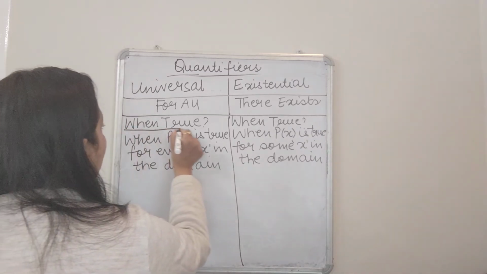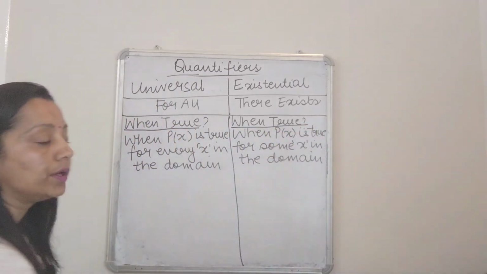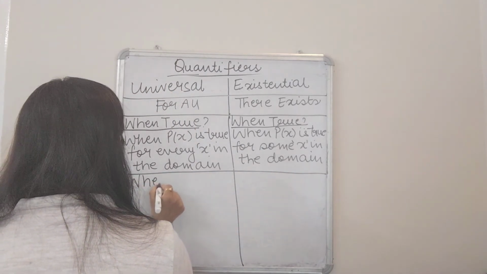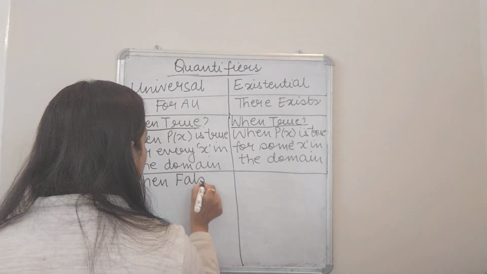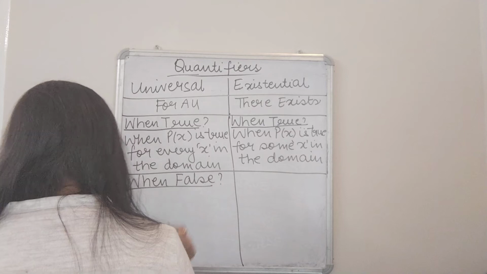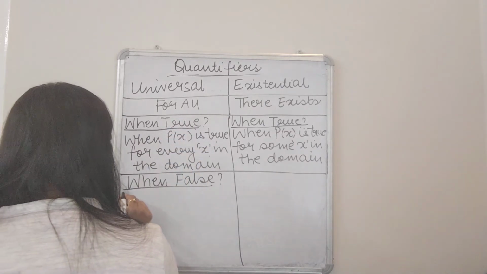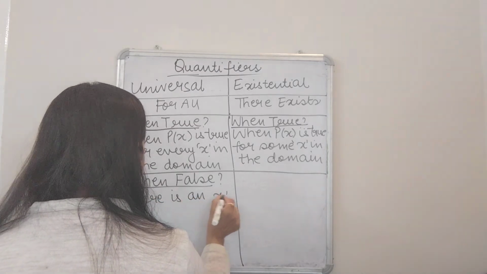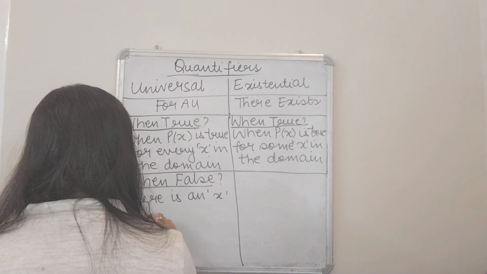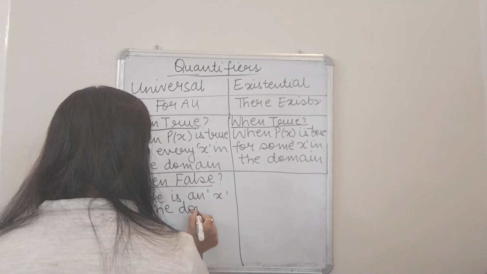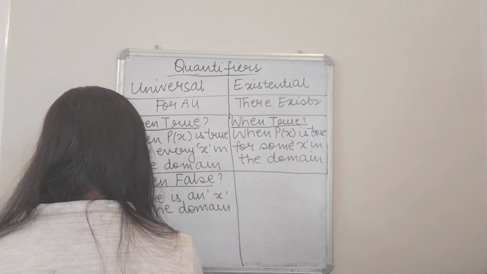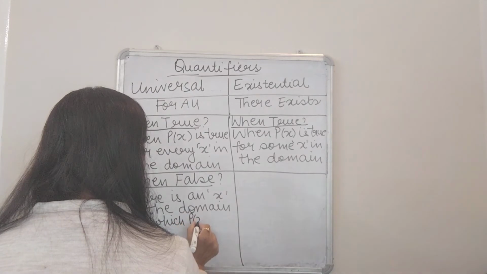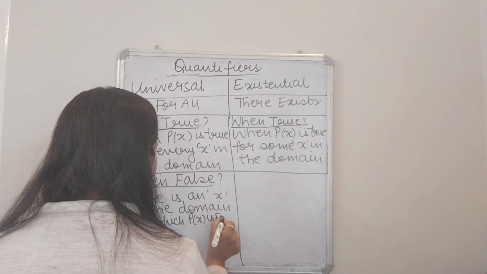Okay, and when is the universal quantifier false? The universal quantifier is false when there is an x in the domain for which p of x is false.